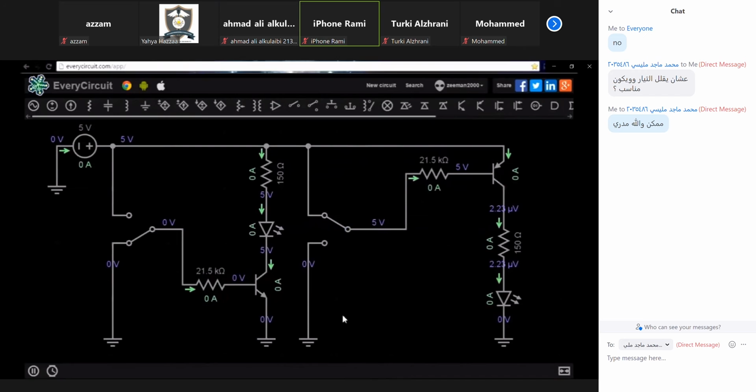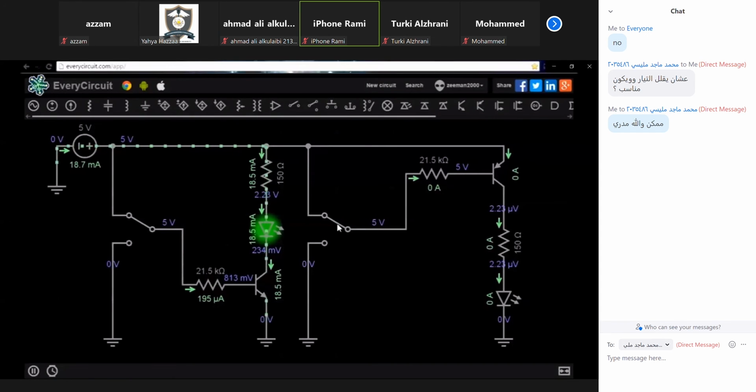Let's now examine the working model within the simulator. So as we discussed earlier, the switch connected to the NPN transistor is set to 0 volts and the load is off. If we flip the switch to 5 volts, the load turns on and we can see the larger current now flowing across the collector and emitter terminals of the transistor.